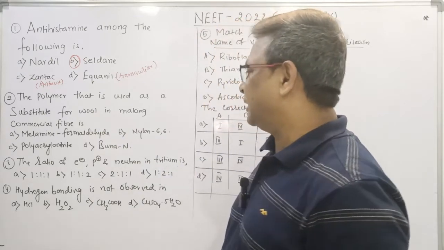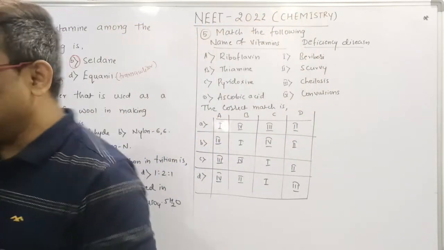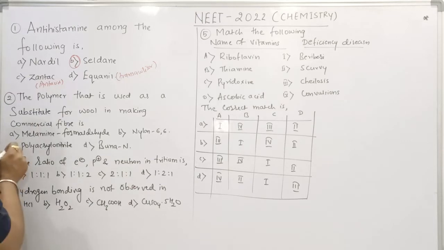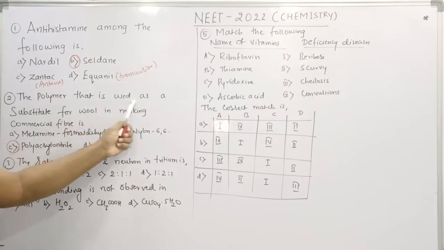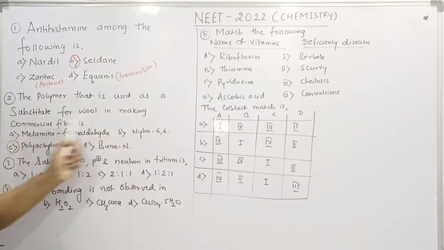See beta, it is given here as a use for PAN. I hope everybody knows about PAN, polyacrylonitrile. Polyacrylonitrile is the polymer that is used as a substitute for wool in making commercial fiber, right?